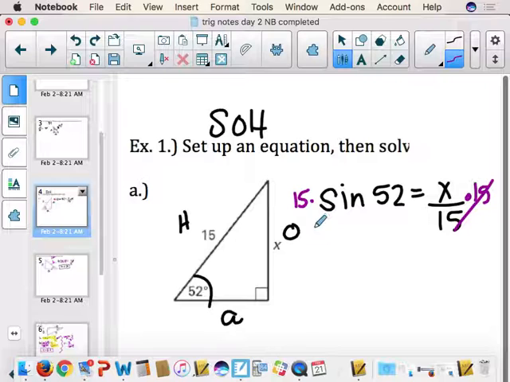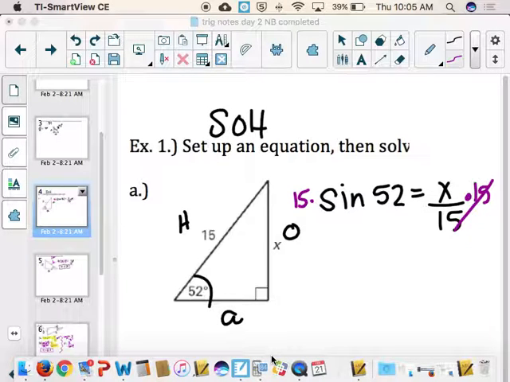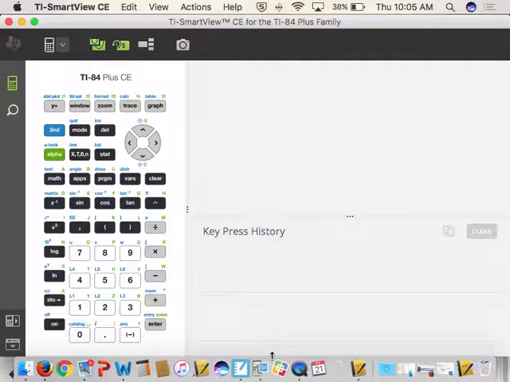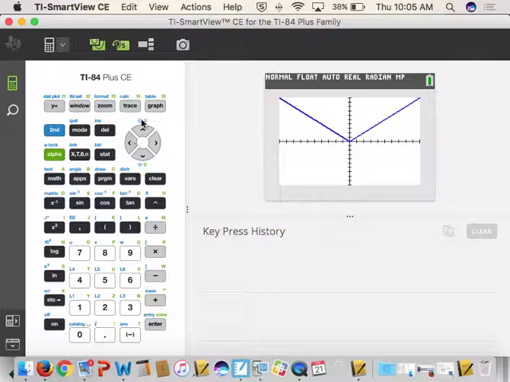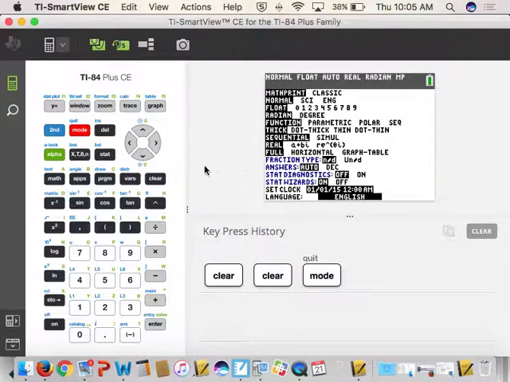In your calculator, you're going to type 15 times the sine of 52. I'm going to show you a helpful hint here. Let me make sure that I'm in degree mode.